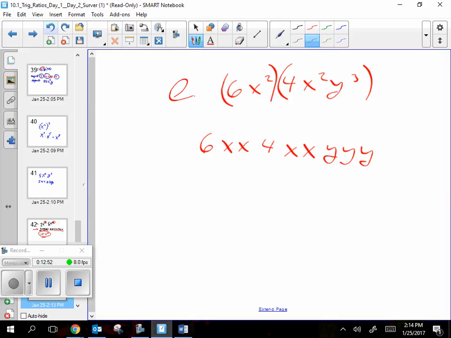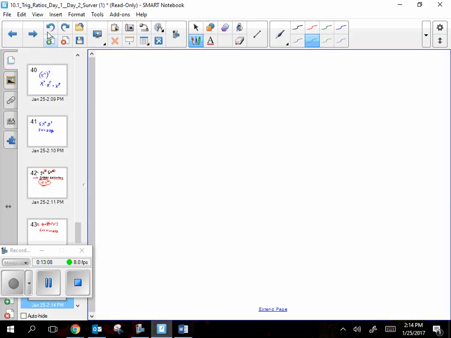But there's one more kind I haven't showed you yet. I just realized it. And that's when you have variables that are on top of each other. Let's go do letter J together. Everybody go to J as in jalopy. And it says 5 to the 9 over 5 to the 6th.